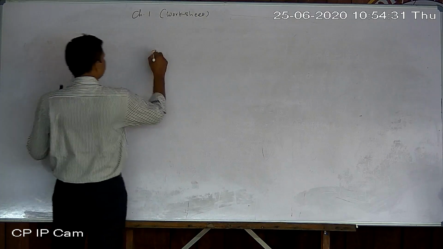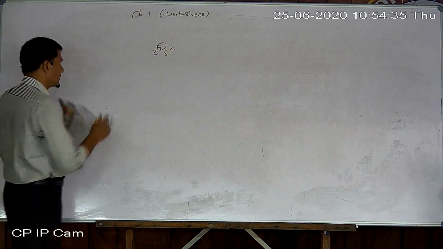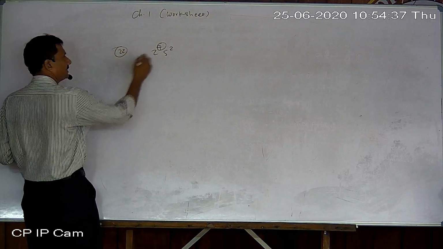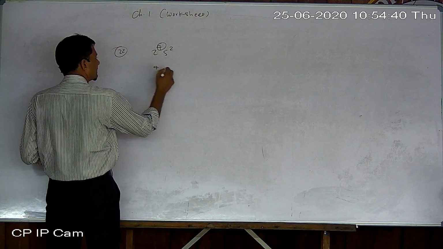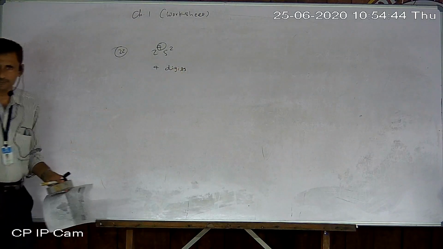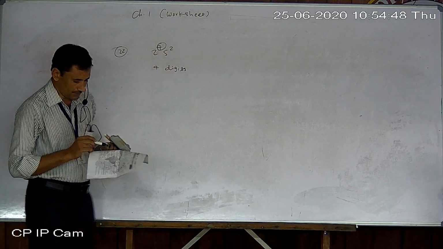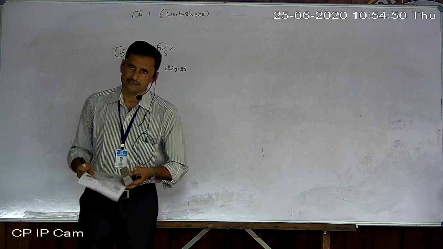So, here the maximum degree is 4. Okay. I am talking about question number 22. So, after 4 digits, that decimal expansion will stop. So by looking at the maximum degree of the prime factorization, you can give the answer.